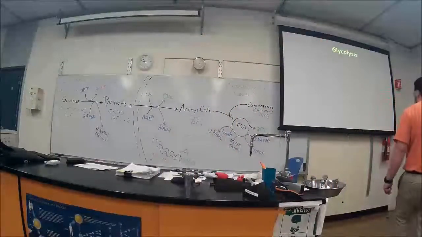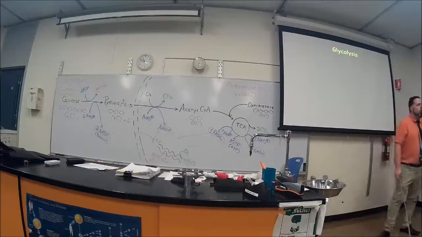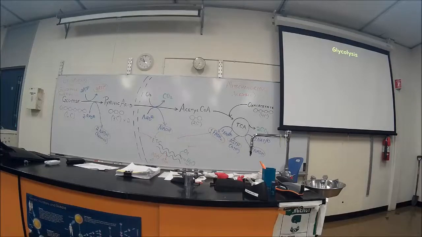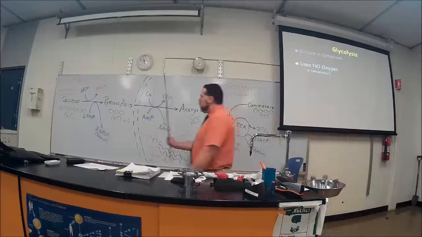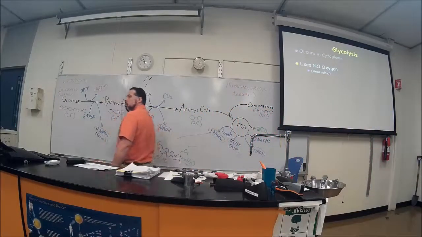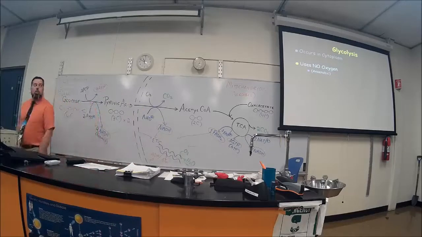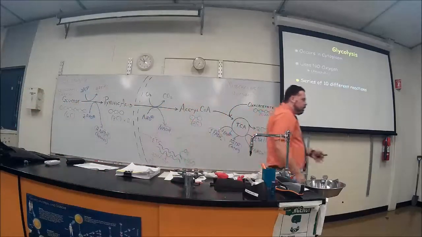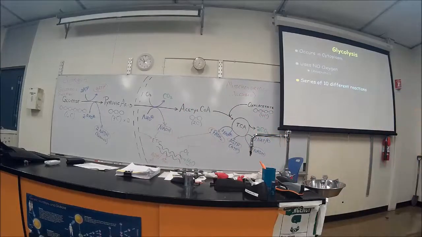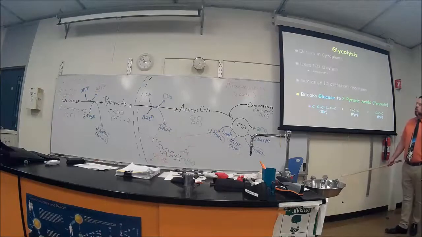All right, so let's reinforce the glycolysis procedure. It occurs in the cytoplasm, uses no oxygen. We're just talking about this area right here, right? So it's anaerobic. It's a series, like I said, of 10 different reactions. Don't worry about all those reactions. But it basically does this.